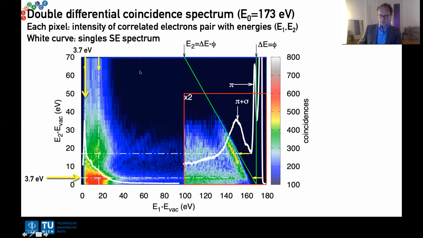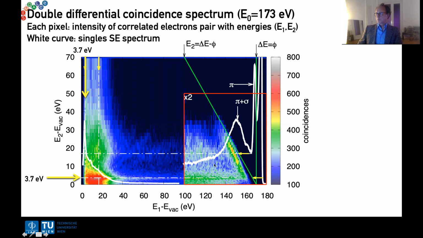So each pixel corresponds to the intensity of correlated electron pairs with a certain combination of energies, E1 and E2. And at each energy along the horizontal energy scale here, this therefore represents the secondary electron spectrum for a given energy loss of the primary.